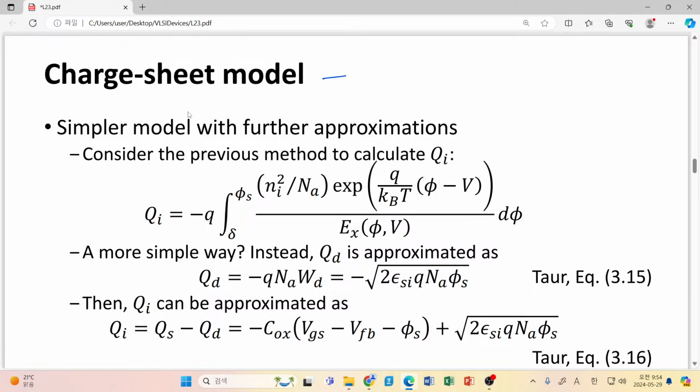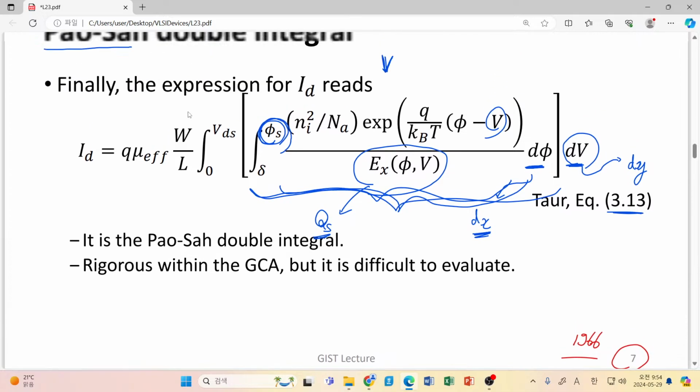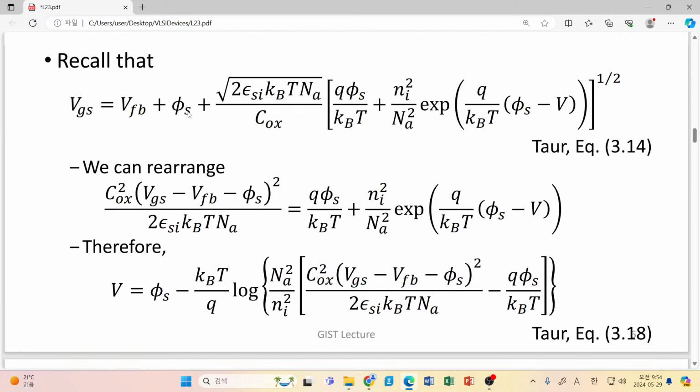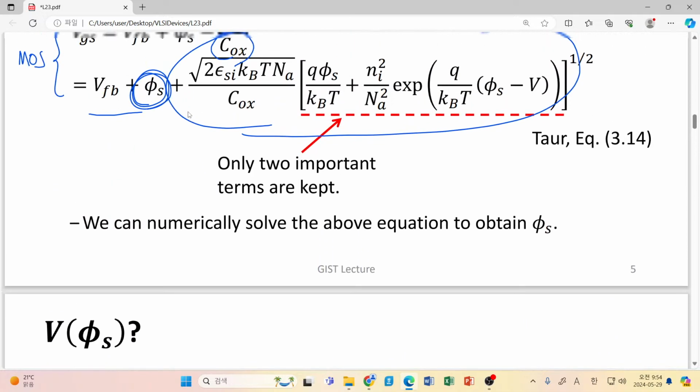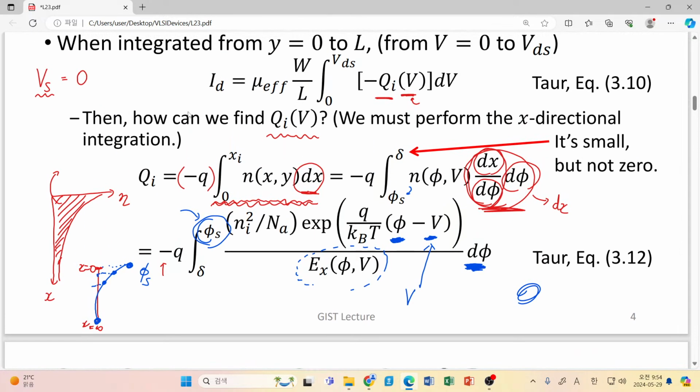It is called the charge sheet model, or charge sheet approximation. Please think about the origin of our complication. What is the main reason why we have this difficult expression? The reason was, we love this expression.